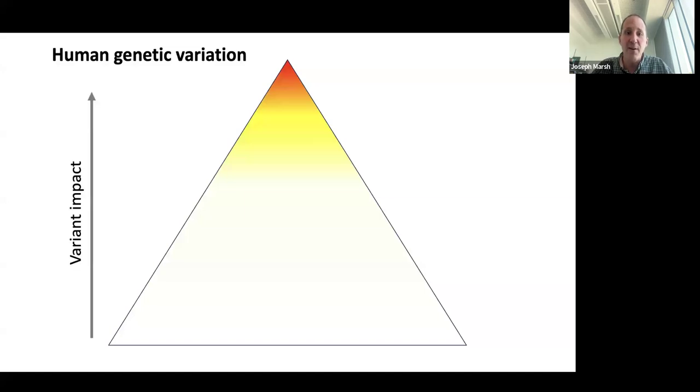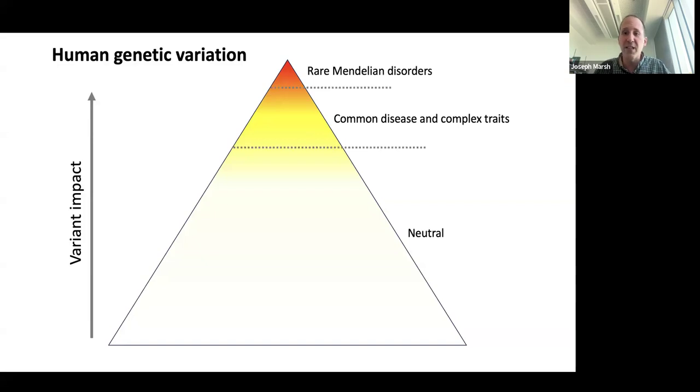Essentially, we have a lot of variation that doesn't do very much, and a little bit that does a lot. And very, very roughly speaking, we can split this up into the majority of variants that do nothing, they're effectively neutral. Then we have the most high impact variants that are associated with rare Mendelian disorders.